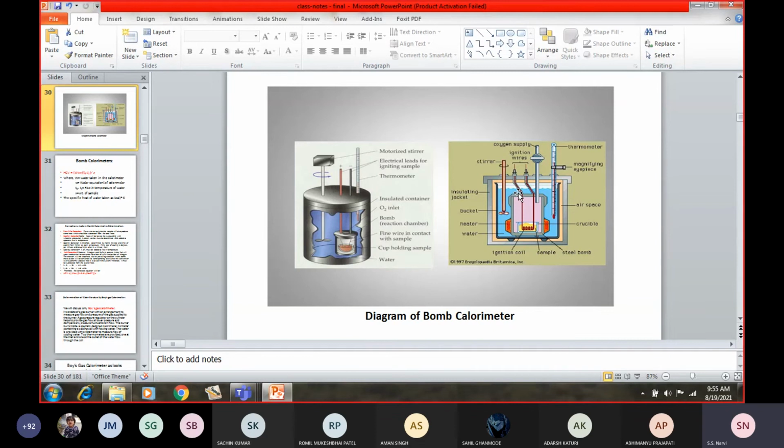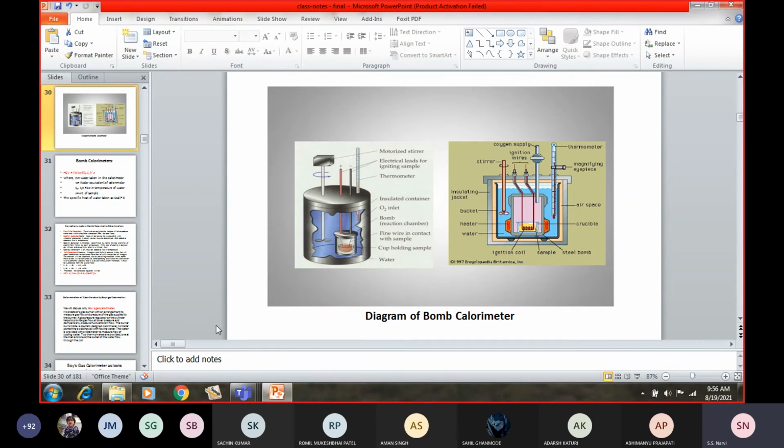You filter this precipitate and wash it several times so that any other ions sticking on the barium sulfate are washed away, and after that you dry it at 110 degrees centigrade. Whatever amount is now there is the amount of sulfate present in this X gram of the sample.